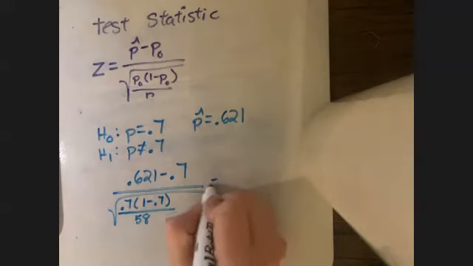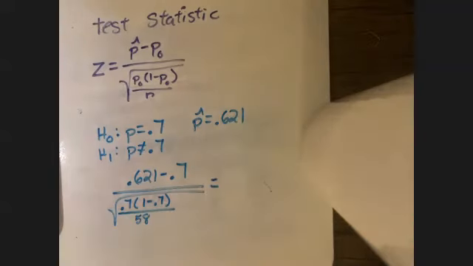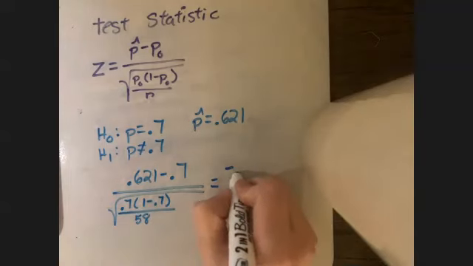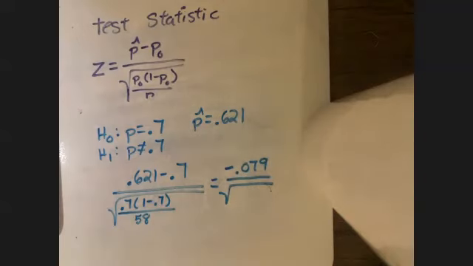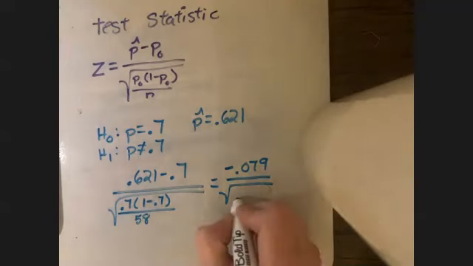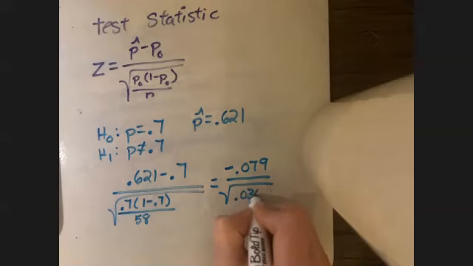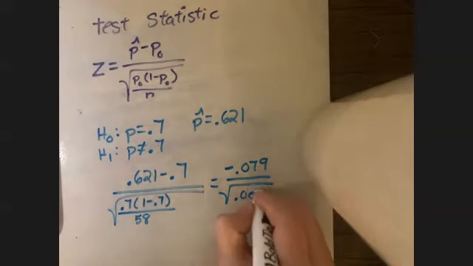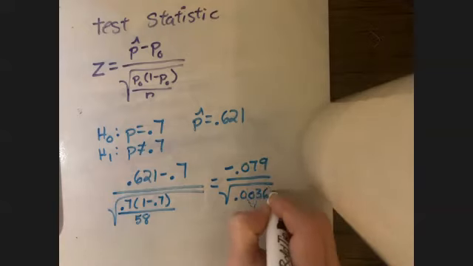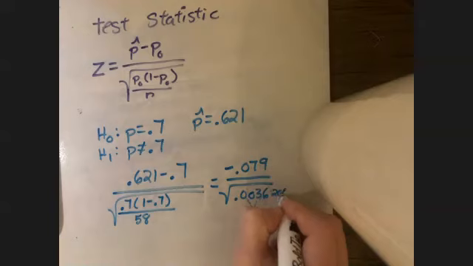So this is going to be 0.621 minus 0.7, which is negative 0.079, over, now 0.7 times 1 minus 0.7 divided by 58 is going to be 0.0036 and so on.